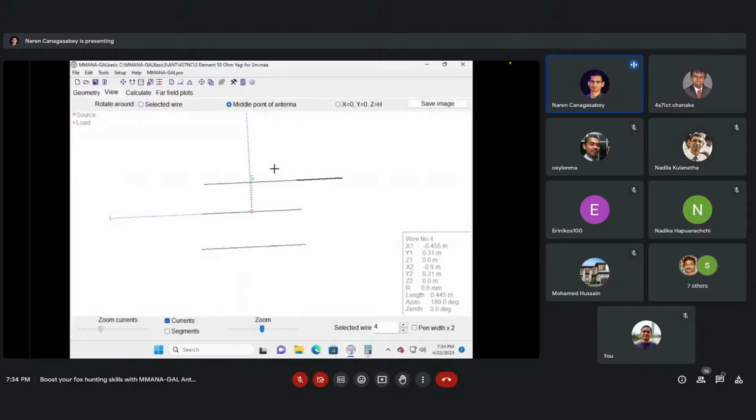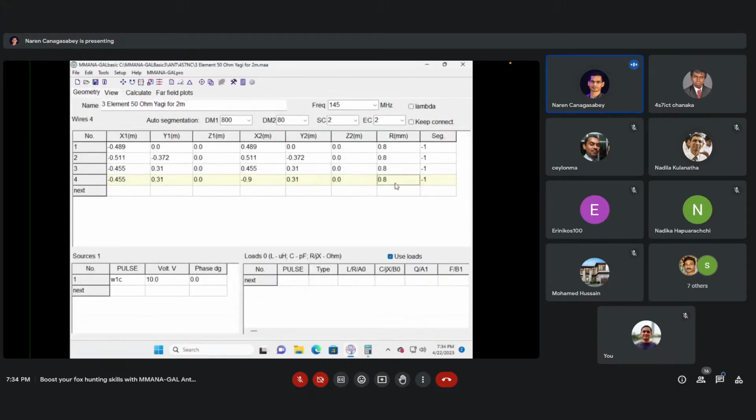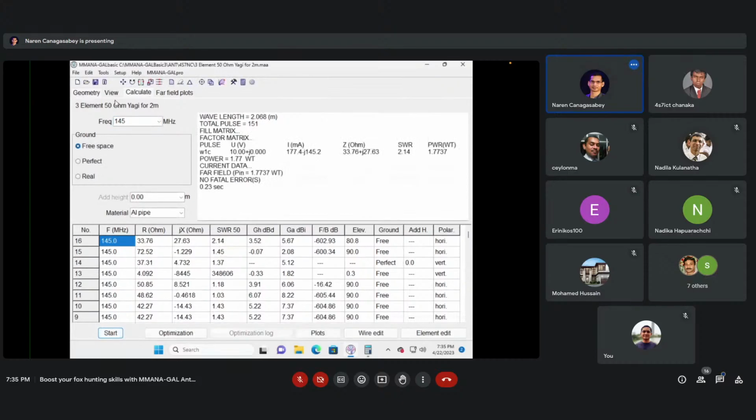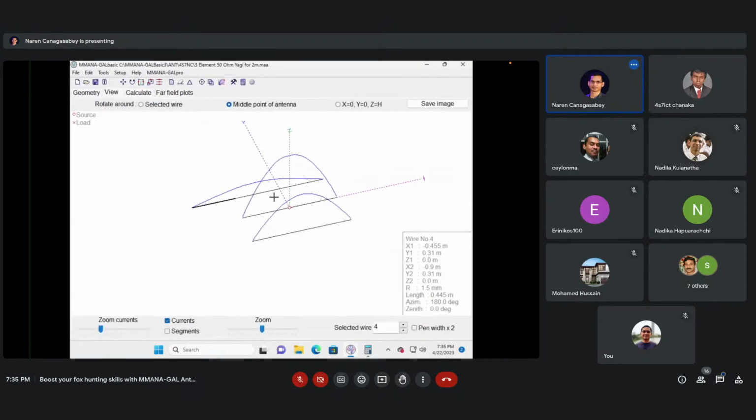So you can see an additional part has got added here. And I'm going to make this slightly larger, say 1.5. Now the problem is this. When you press calculate, you see this.